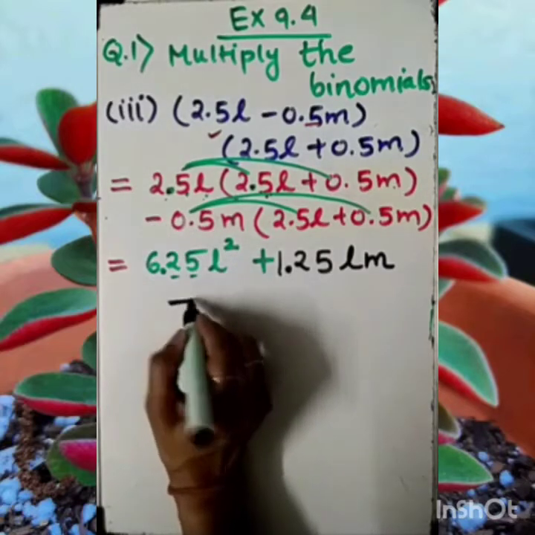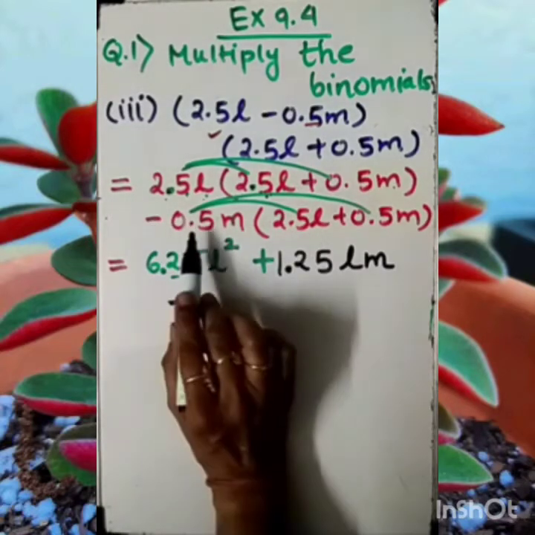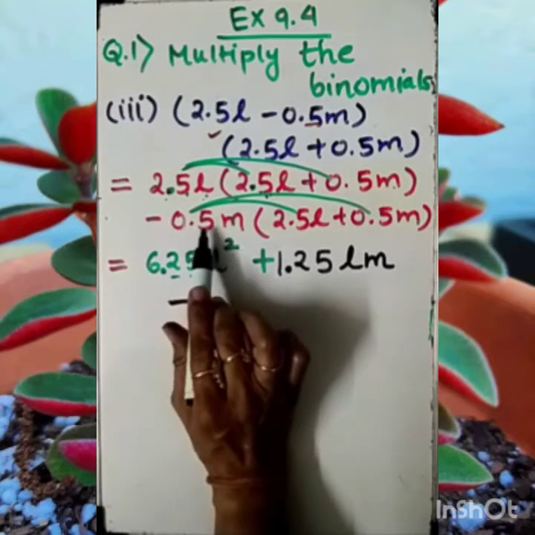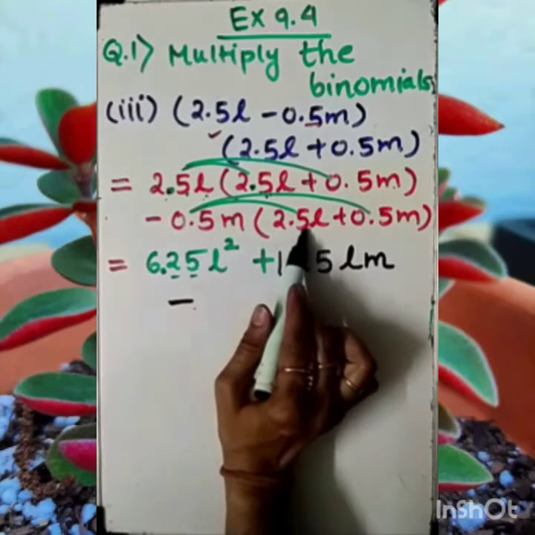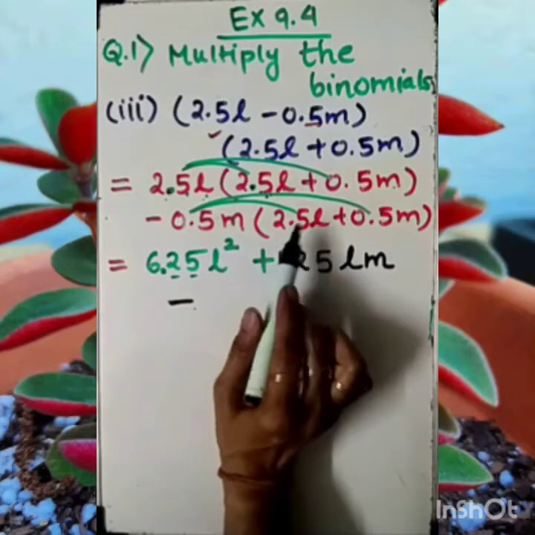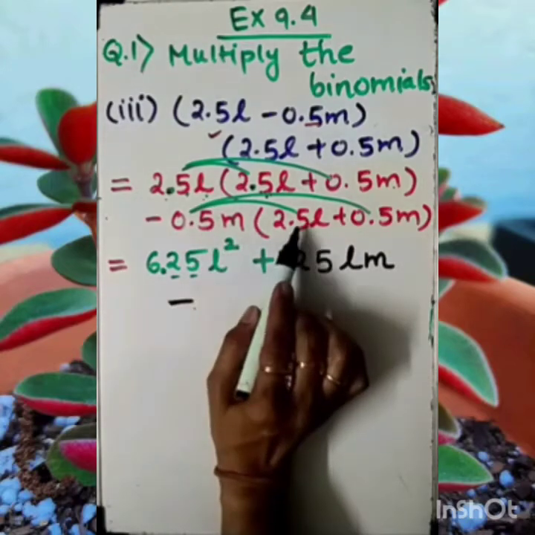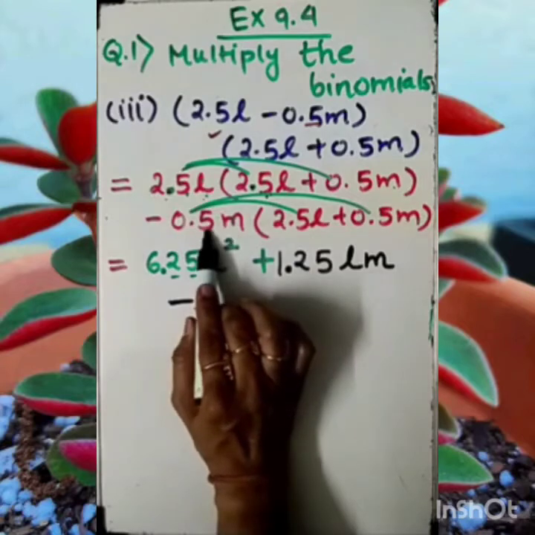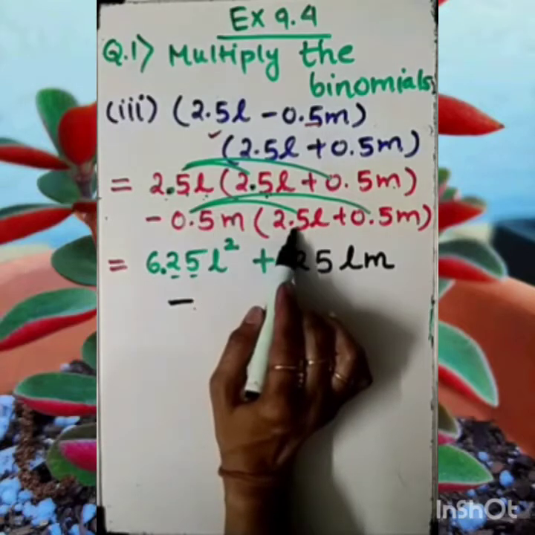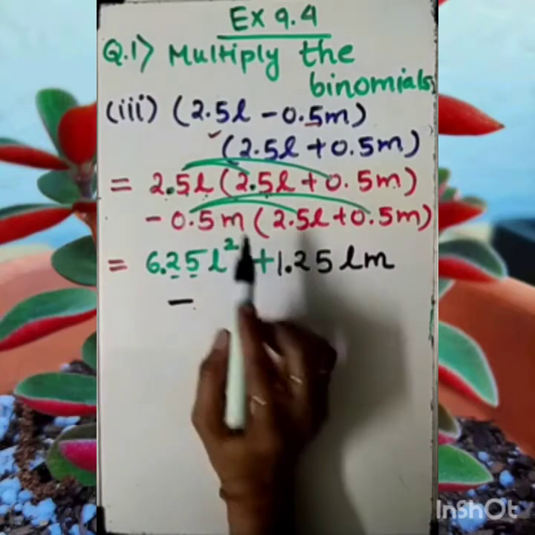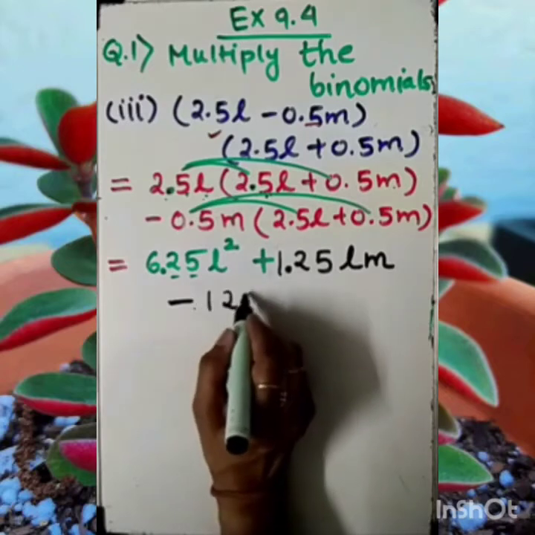Next step, go with this minus. Again, we are going to multiply 0.5 with 2.5. For a while, forget this decimal and think that you are given only 5 into 25. Means 25 times 5. We know 25 times 1 is 25, 25 times 2 is 50, 25 times 3 is 75, 25 times 4 is 100, and 25 times 5 is 125.